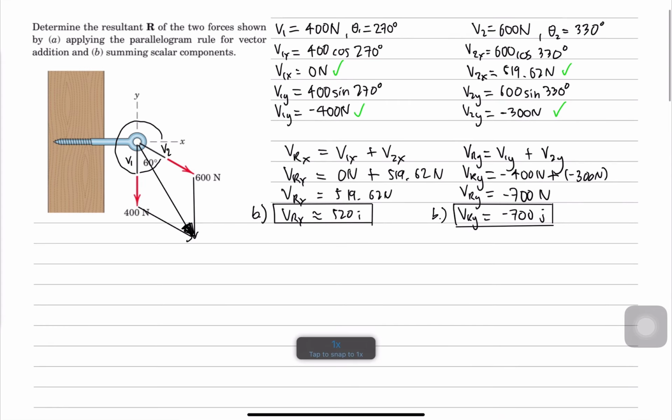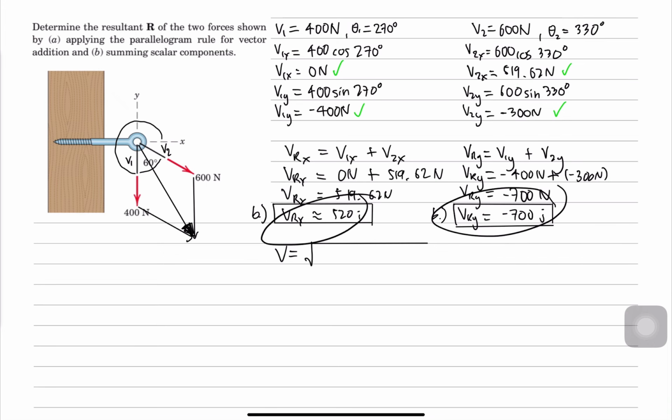In order to find the value of this vector, you just need to use the Pythagorean theorem on these two components, because these are the components of the resultant vector.